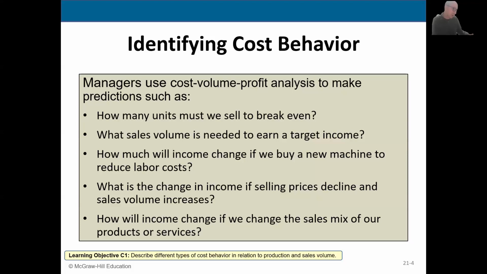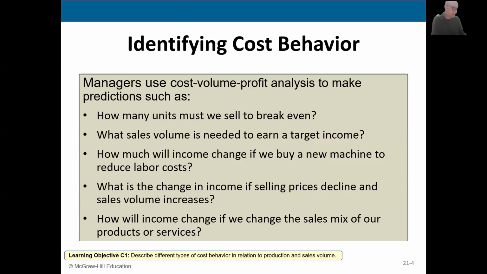Because a lower price attracts more buyers. That's economics, right? So I set a lower price, I'll probably sell more. We hope. If I increase my sale price, I might sell less. But with those changes in sales price, what happens to the profit? What happens to the sales amount? Yeah, that's something we need to look at and understand as managers.